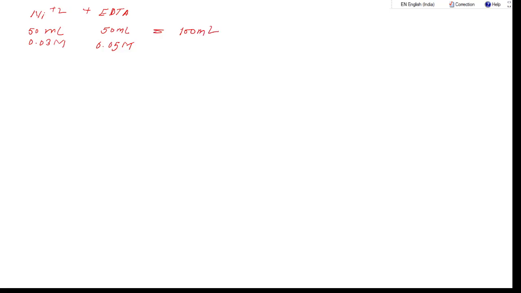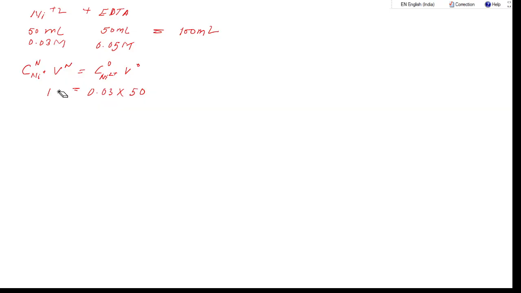Now obviously the concentration has changed, so we need to calculate the new concentration. Concentration of nickel plus 2 new multiplied by volume new is equal to concentration of nickel plus 2 old and volume old. Old concentration is 0.03 multiplied by old volume 50, and new volume is 100, right?